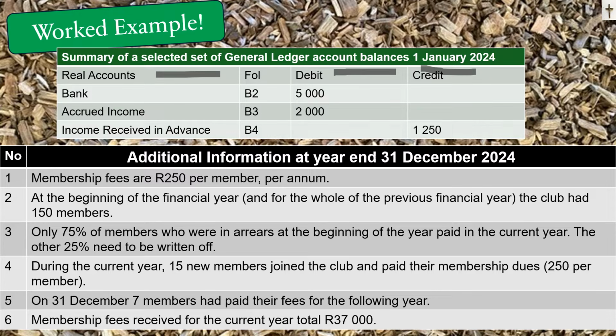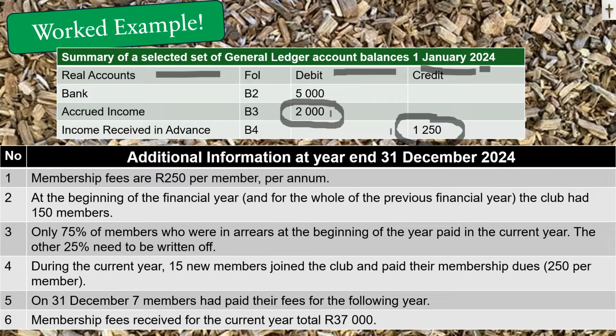And in this extract will be adjustments from the previous financial year that were done on the 31st of December, the year before 2024, 31st of December 2023. There was an adjustment, accrued income, and income received in advance.